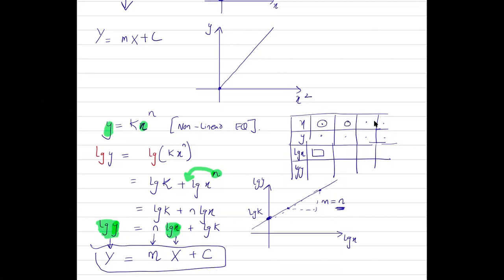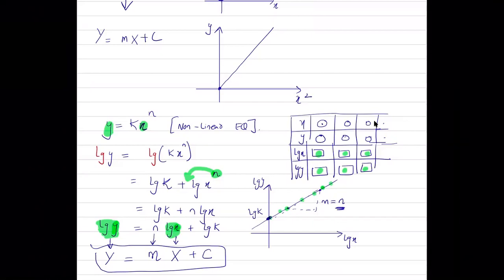Whatever the second x value is, I'm going to find the log of that value, and so on. So I have all the LGX values. Then for the y values, I'm going to find LGY for each. Now these represent coordinates of LGX and LGY. So when you plot these points on graph paper, you are going to get a straight line.